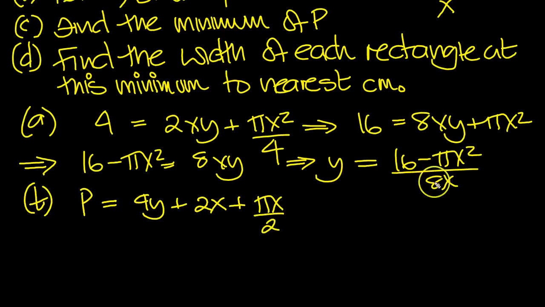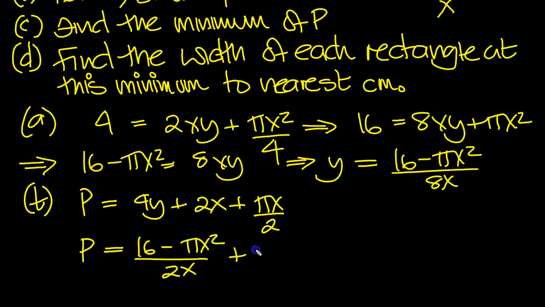That's the perimeter then. We know what y equals, so we've got 4 of these. We can cancel a 4 top and bottom and put 2x. So we've got 16 minus pi x squared over 2x plus 2x plus pi x over 2.